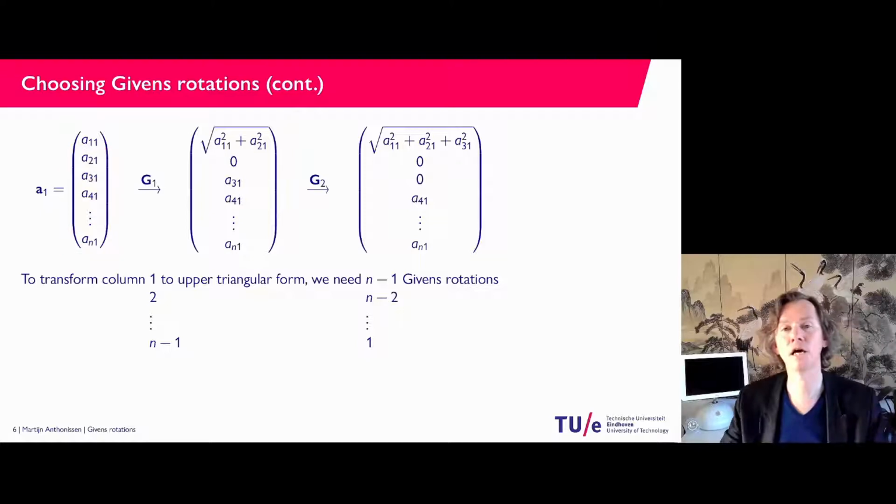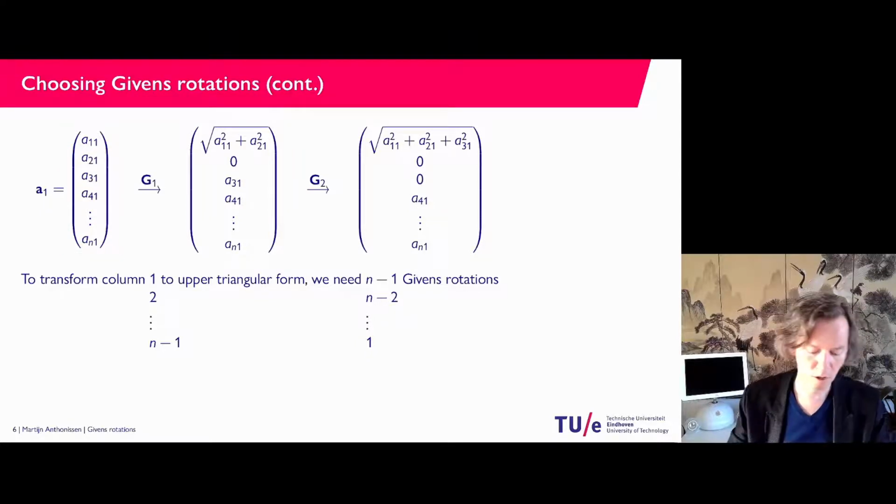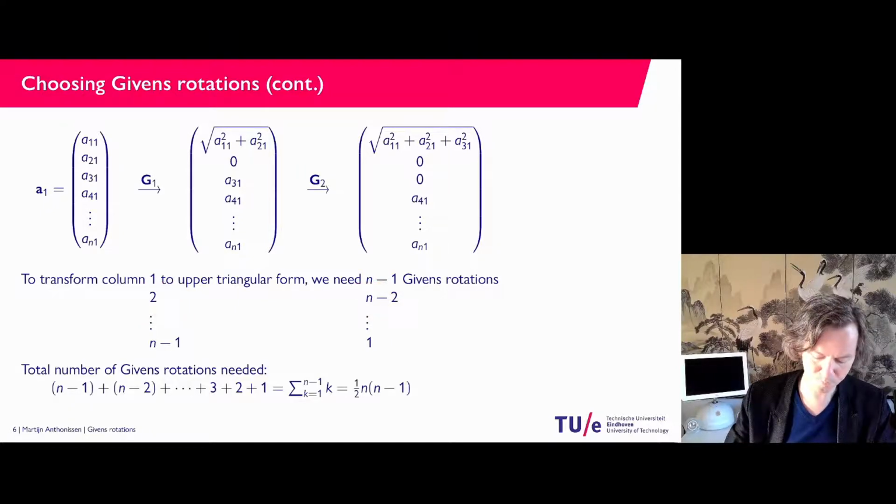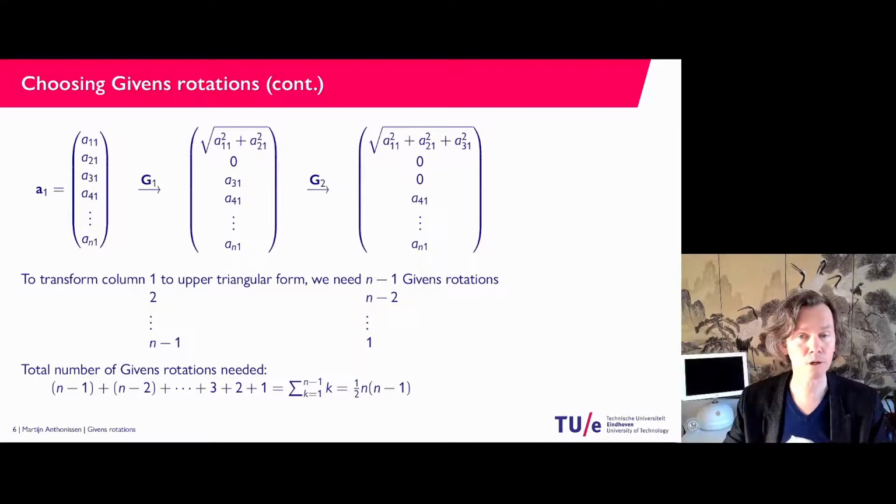For column number 2, I'm going to need n-2 Givens rotations. So in general, if all the entries are non-zero, you will need a half times n times n-1 Givens rotations to get a matrix into upper triangular form.